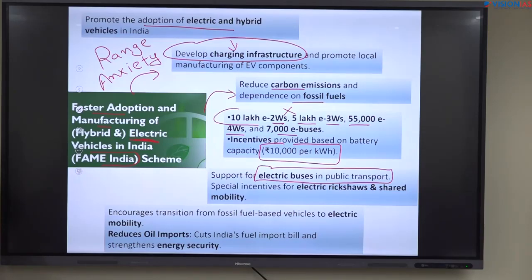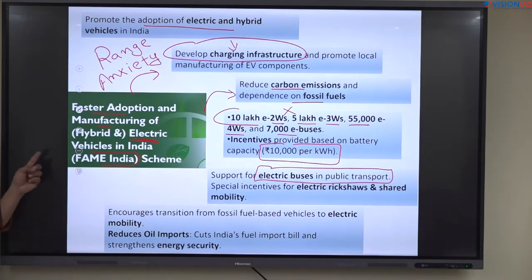First of all, they are old, outdated, never maintained, so they pollute heavily. The pollution coming from city diesel buses is very high. So you have to replace the complete fleet in all the cities of India if you have to reduce greenhouse gas emissions. Public transport buses have a heavy chunk of GHG emissions. You have to bring it down.